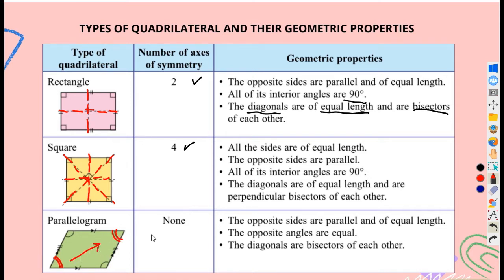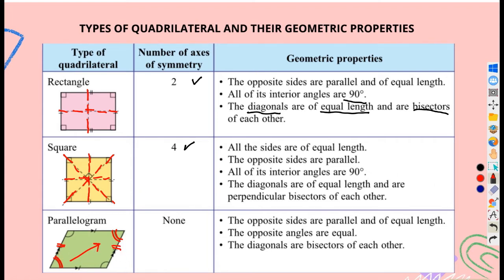Opposite sides are parallel and of equal length. The opposite angles are equal. The diagonals bisect each other. The opposite sides, which means these two, are the same length.